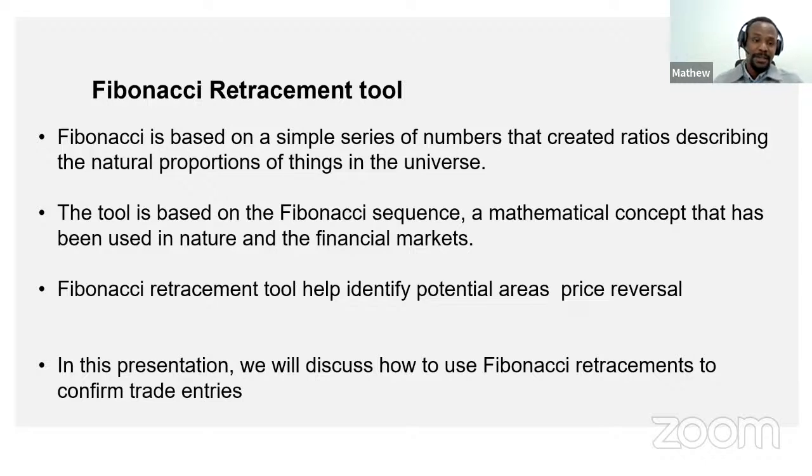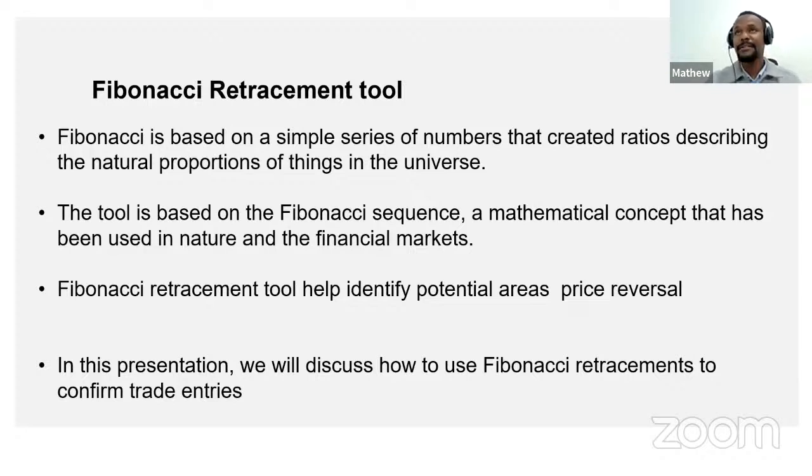So the Fibonacci retracement tool uses that sequence of numbers in predicting various occurrences in nature and even various behavior of price changes or moves. So a Fibonacci retracement tool can help identify potential areas of price reversal. And in this presentation, we want to look at those Fibonacci retracement levels that you can use to confirm your trades.